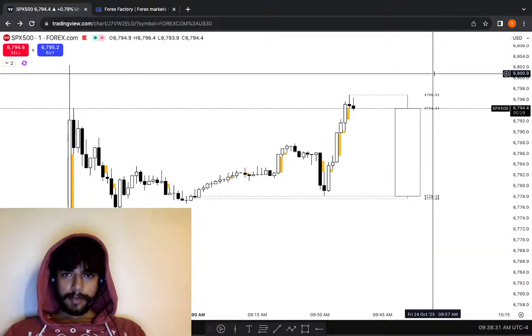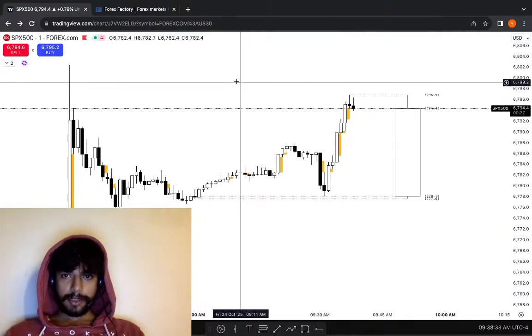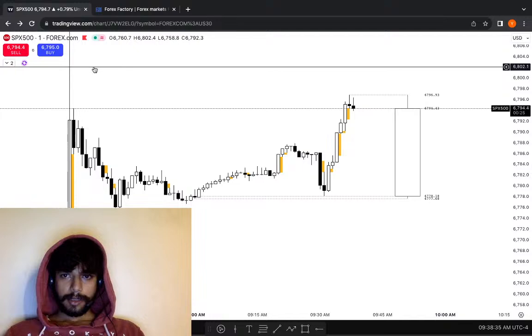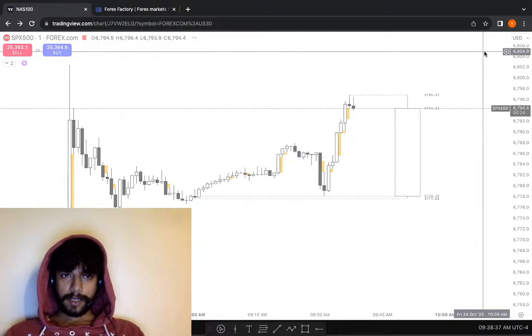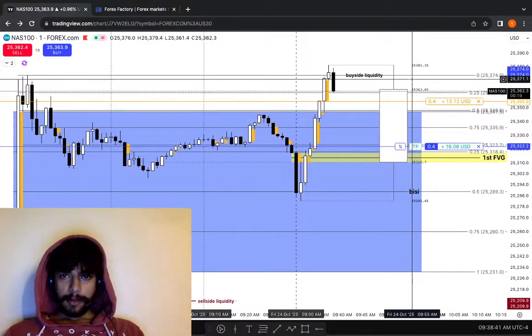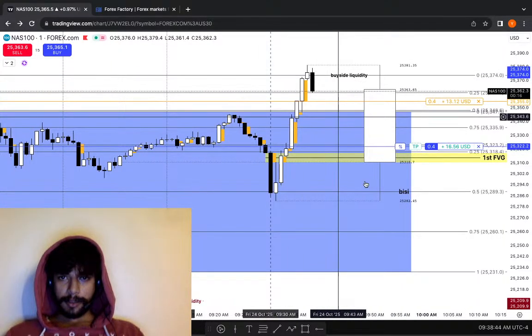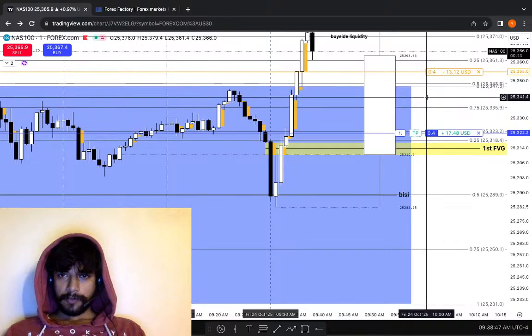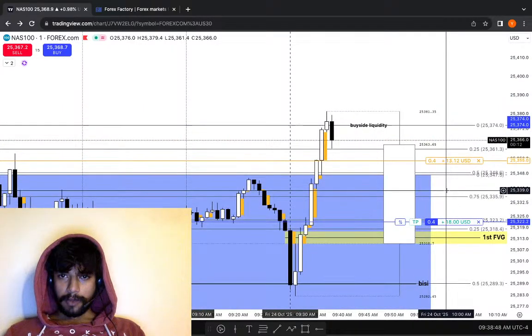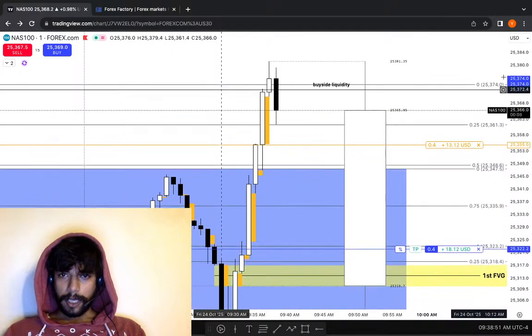And S&P has not taken out this still, so that is some kind of SMT. Now this is pretty crucial, guys, how this gap is going to react.